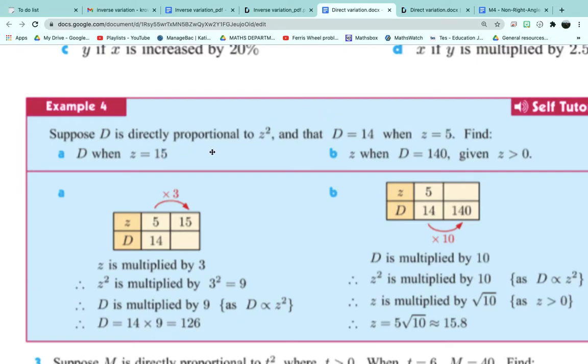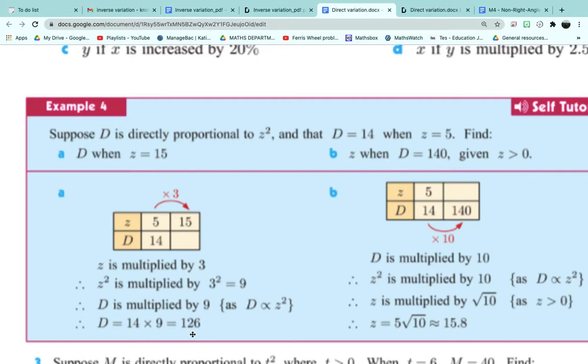If you've got to find what d is when z is 15, all you need to do is put these 3 values in a table. Z is 5, Z is 15, 5 and 15. Now, D is 14 here when Z is 5, and we need to work out what is the missing number here.